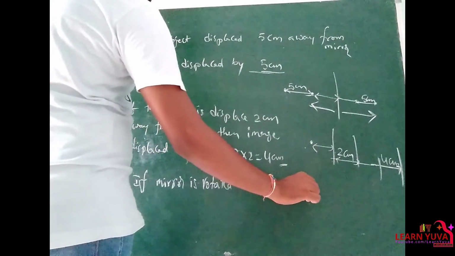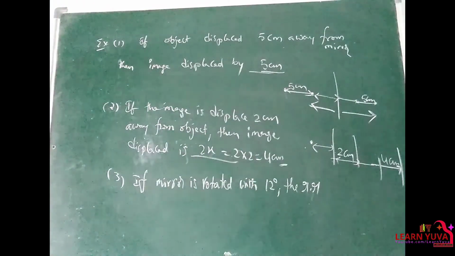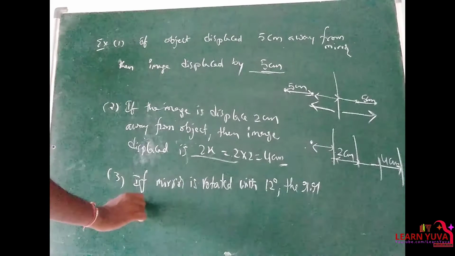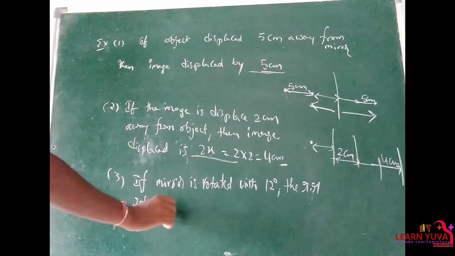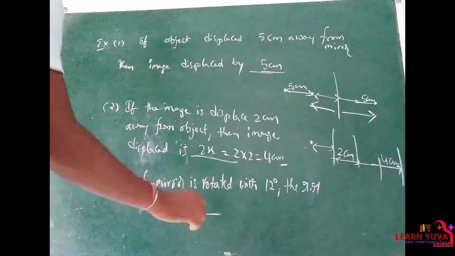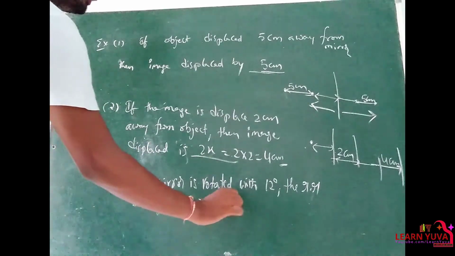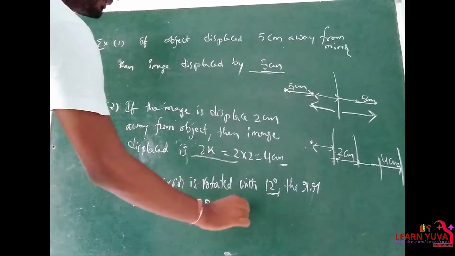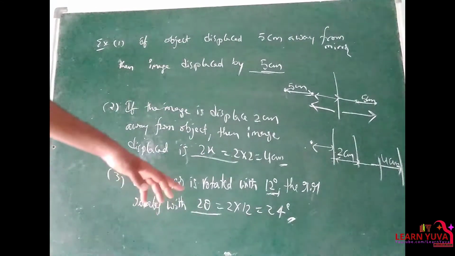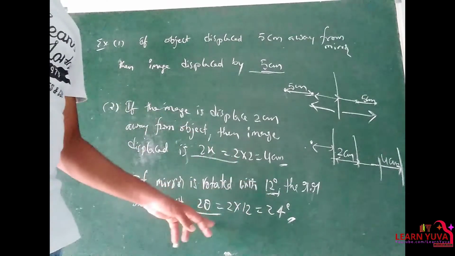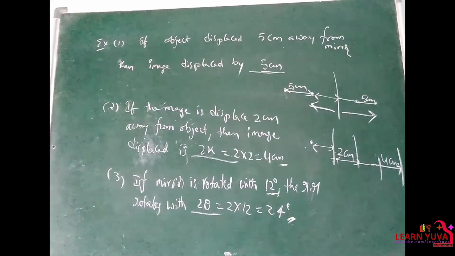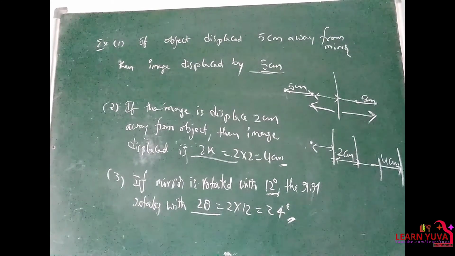Then the reflected ray, RR means reflected ray, rotates with 2 theta. So that is equal to 2 into 12 degrees, that is equal to 24 degrees. If the mirror is rotated with 12 degrees, then the reflected ray is rotated with 24 degrees. In this way we can do problems based on this.